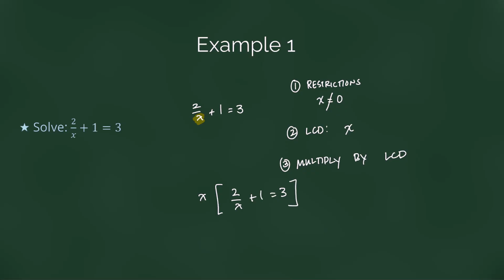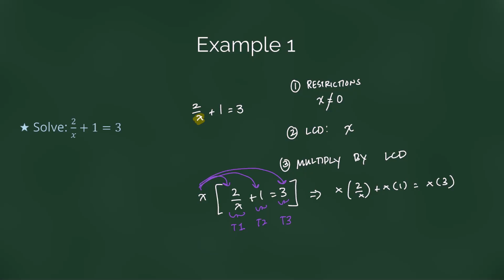Here we have 3 terms. 2 over x is our first term. We have an addition sign, which tells us that we're coming up to our next term. Then we have an equal sign, which tells us we're approaching our third term. So we're going to distribute the x to each of these terms, and that is going to give us the expression x times 2 over x plus x times 1 equals x times 3.